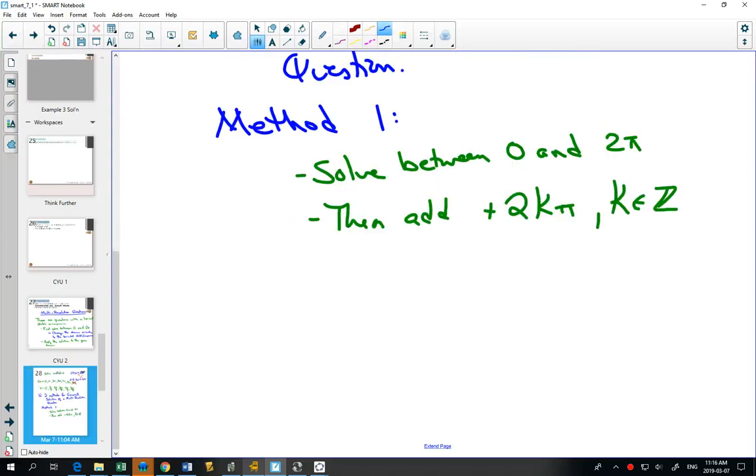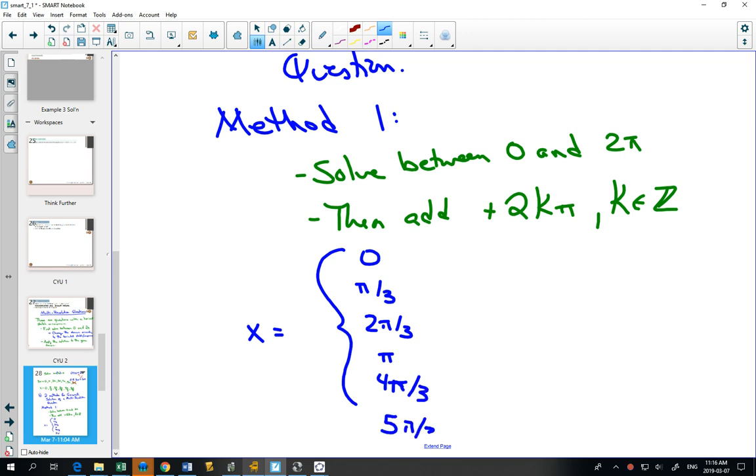So our answer would look like x is equal to, big squiggly bracket. What are all the angles we found? We found 0, then there was pi over 3, 2 pi over 3, 3 pi over 3, 4 pi over 3, and 5 pi over 3. Those were the 6 answers we found.